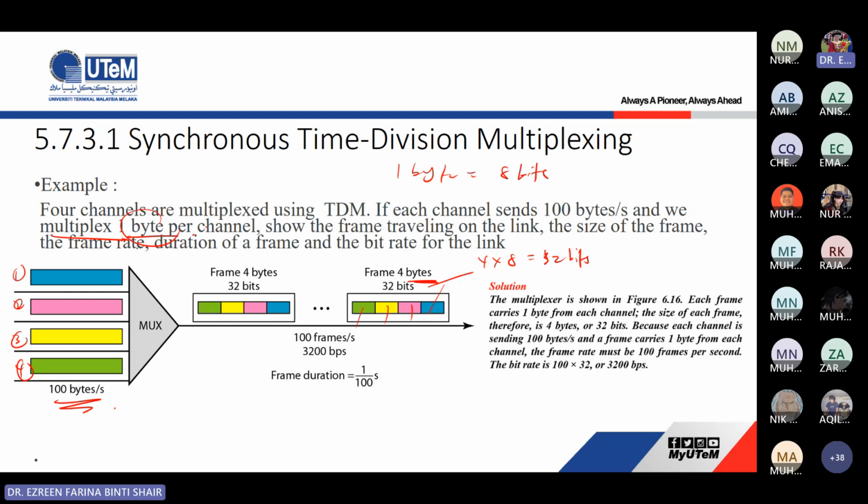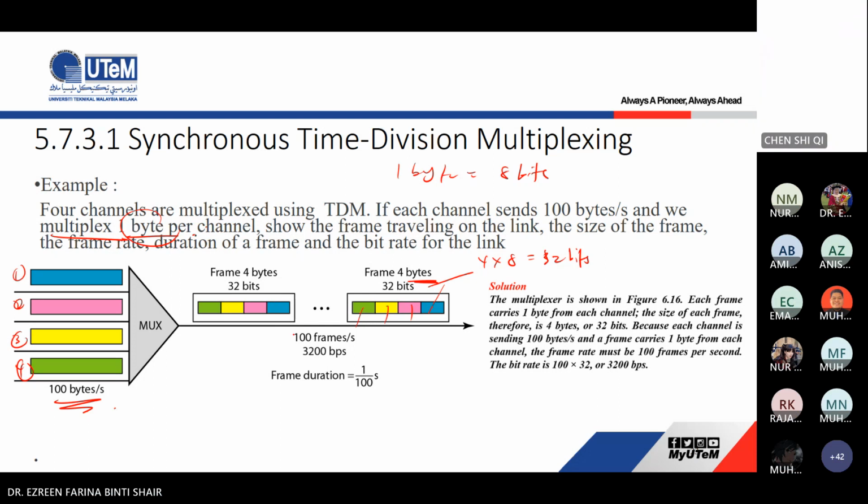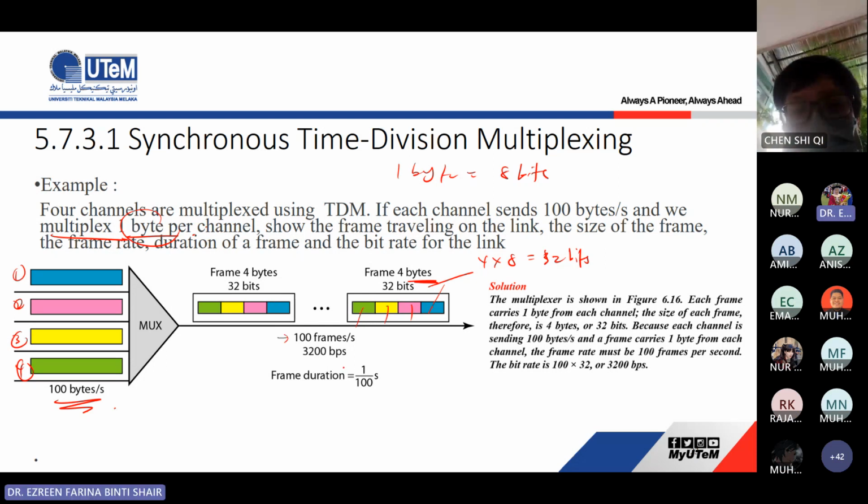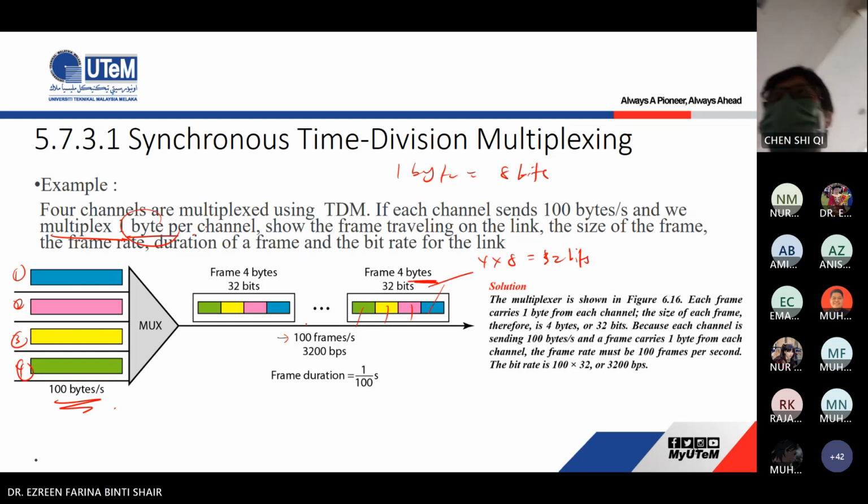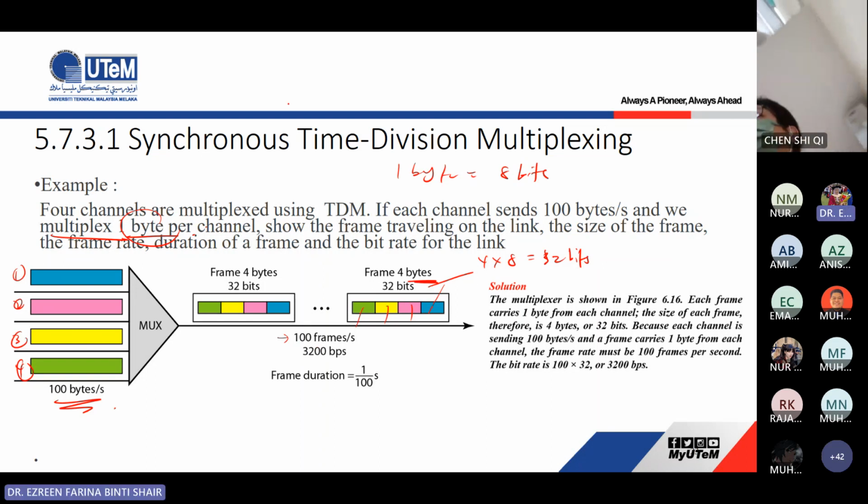The third question asks you to calculate the frame rate. The frame rate is 100 frames per second. How can we calculate it?